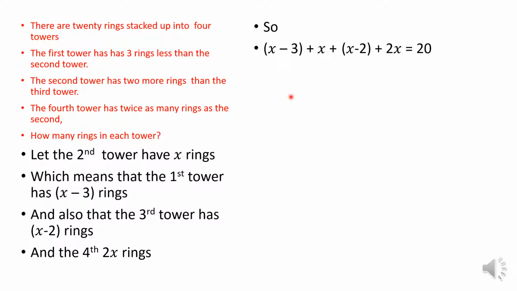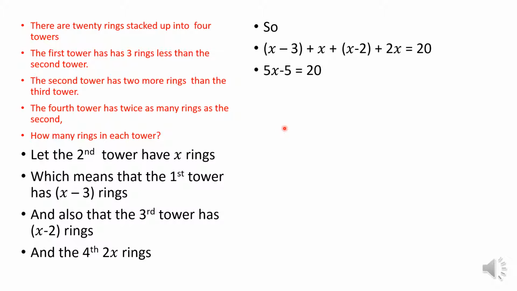What about the numbers? We got minus 3, or negative 3 if you like, and negative 2 will give us negative 5 or minus 5. So now what we then have is 5x minus 5 is equal to 20.